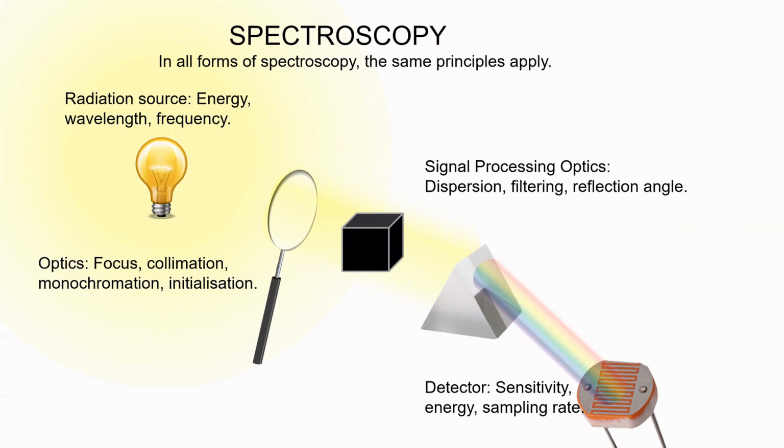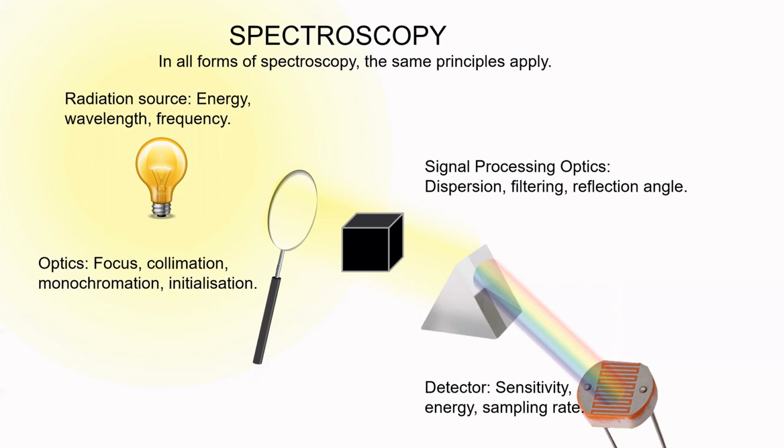or looking at some kind of reflection angle. And then the final part of a spectroscopy setup is some kind of detector. There you're interested in things like the sensitivity, the energy scales on which it can work, the sampling rates at which it can work, and the resolution. All of these things that we've talked about before in terms of how a sensor or detector works are going to be important in a spectroscopy experiment.